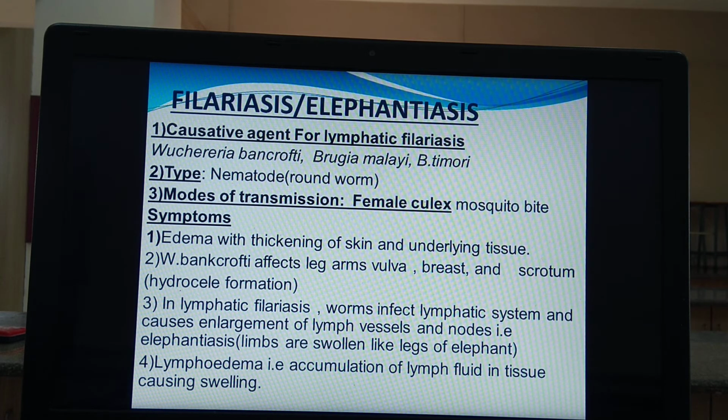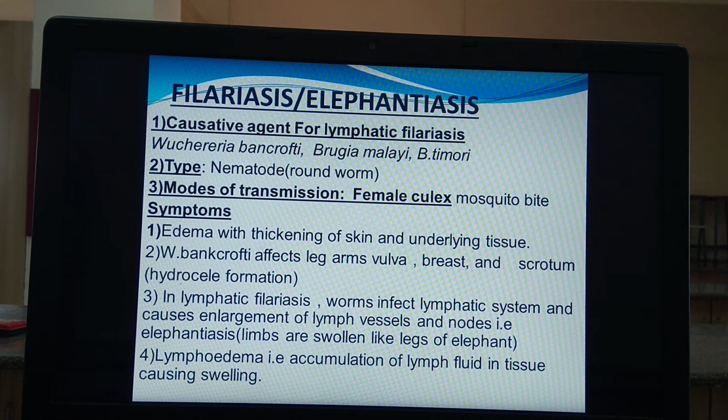I think you remember last year we studied the invertebrate phyla. If you remember, one of the invertebrate phyla is Aschelminthes and the class is Nematoda. So Wuchereria bancrofti, Brugia malayi and Brugia timori belong to phylum Aschelminthes, class Nematoda, which includes all roundworms.